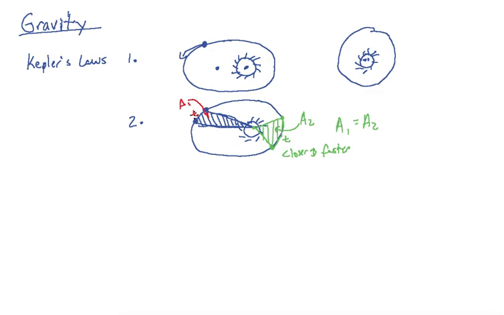When it's out on this end, when it's further away, this is further and slower. You get a shorter distance traveled here during that time, but you get a much longer slice here. So it's like a skinny long slice, but it'll basically work out so that these are the same.